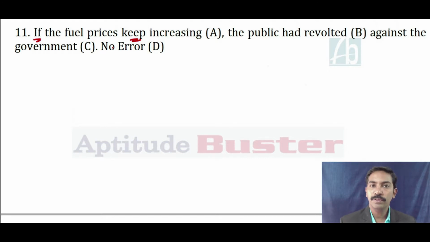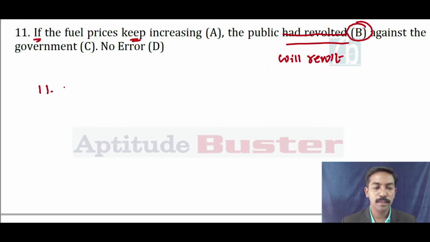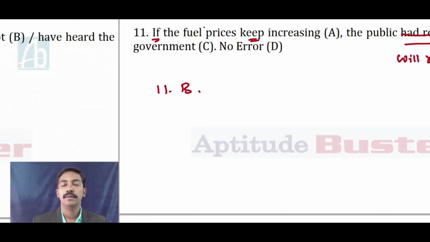If we use simple present tense in the if clause, we know that the main clause must be in simple future. Now, within no time, you can easily spot the error. The error lies in segment B. The correction is, the public will revolt against the government. Question number 11, the answer is B.